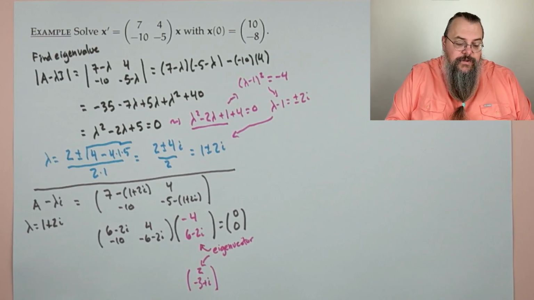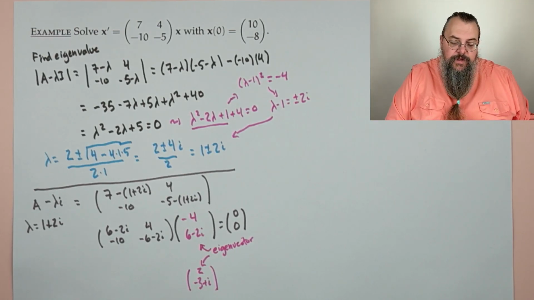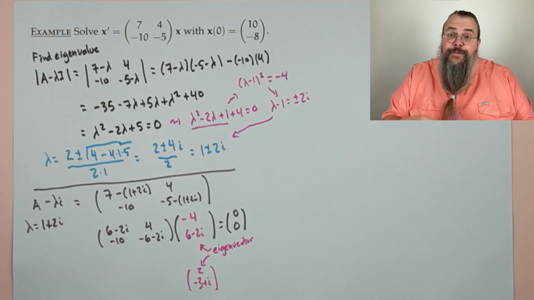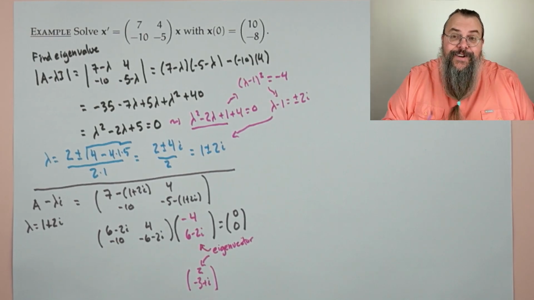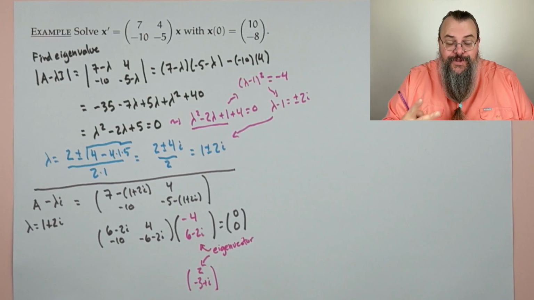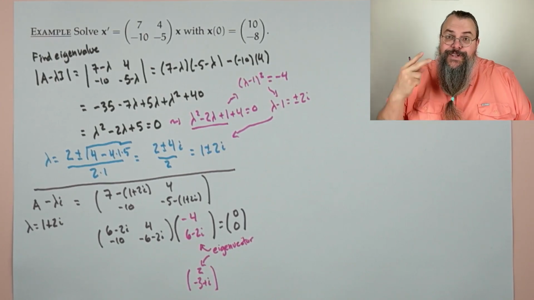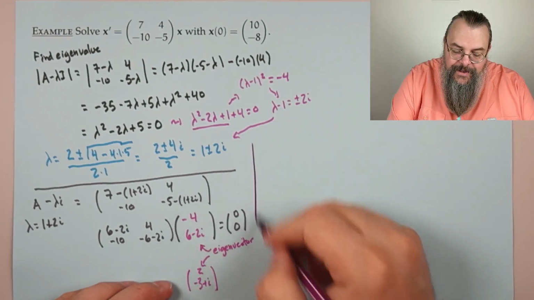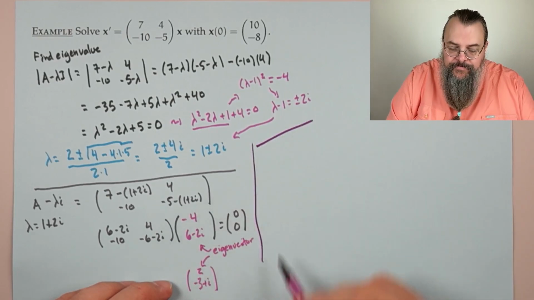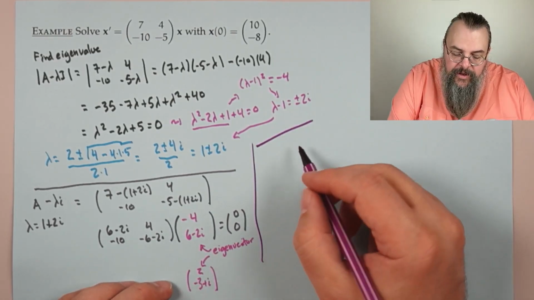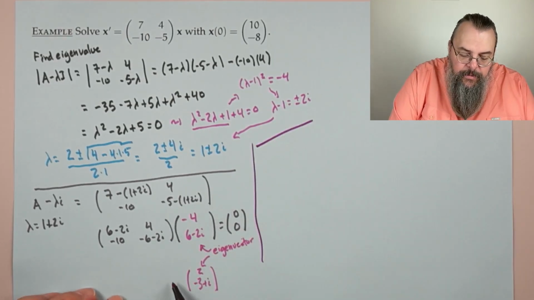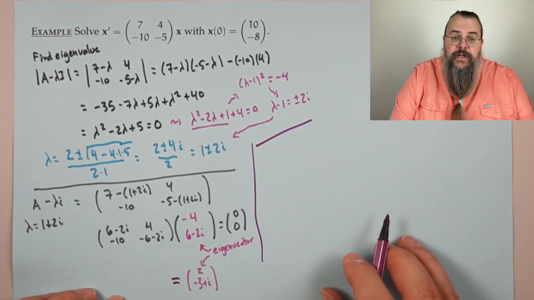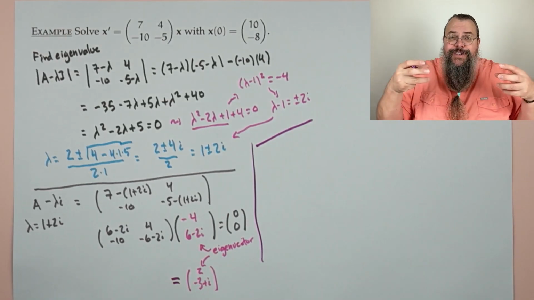All right, so now what do we do? Now we say, how do we use this one eigenvector to find our two solutions? Here we go. We take our eigenvector and pull it apart.